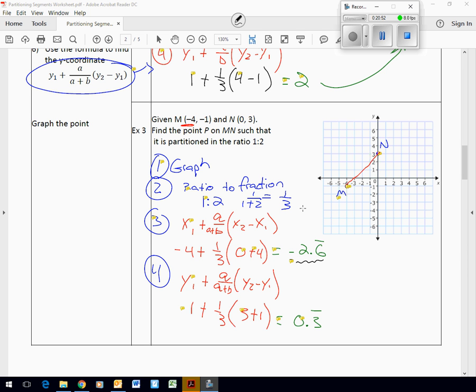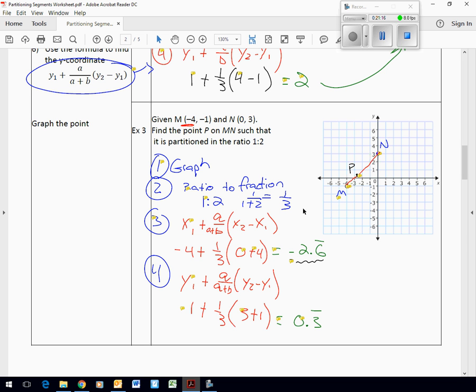And then we go up 0.3. It's not very far, about 1/3 of the way up that first box. You know that it has to be on the line, so plot it on the line.